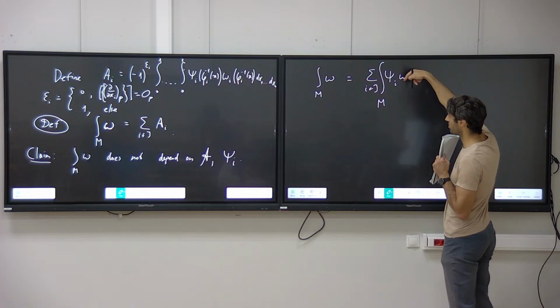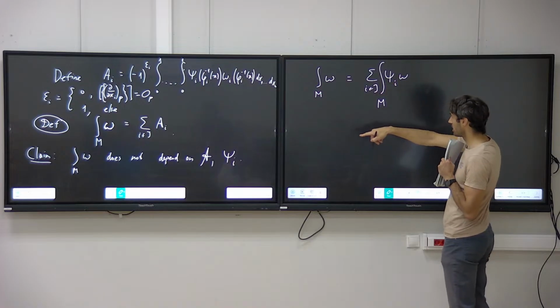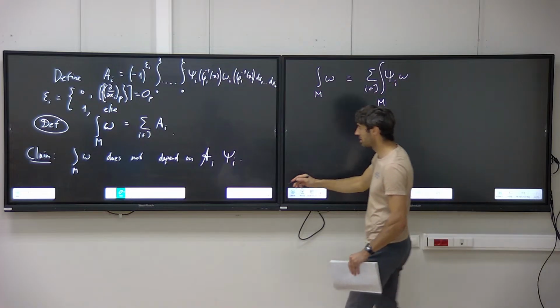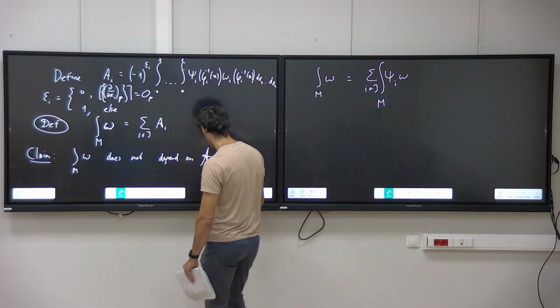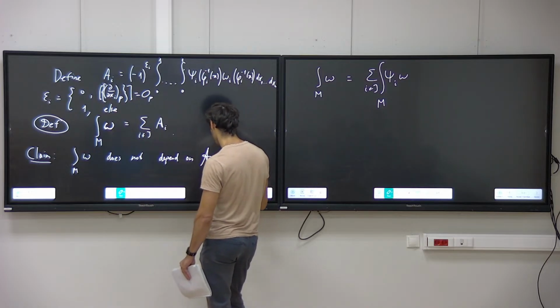So I'm comparing two definitions, one with this data and another one with other data.